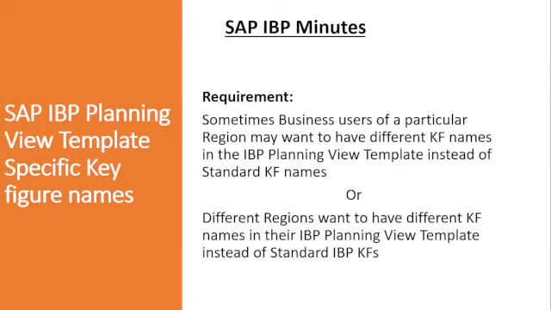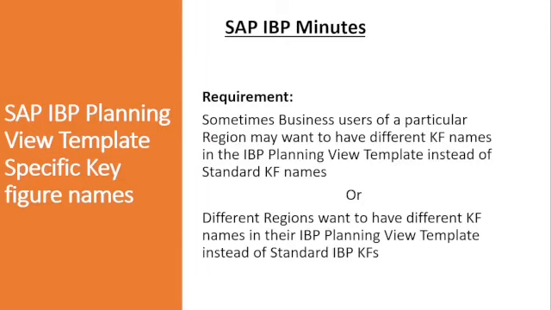If you change the key figure name within the planning area, it will be applicable for all the regions within that planning area, so you cannot have a different name for different regions. In case you get that requirement, that different regions want a different key figure name for a particular key figure, then you have to follow this process.